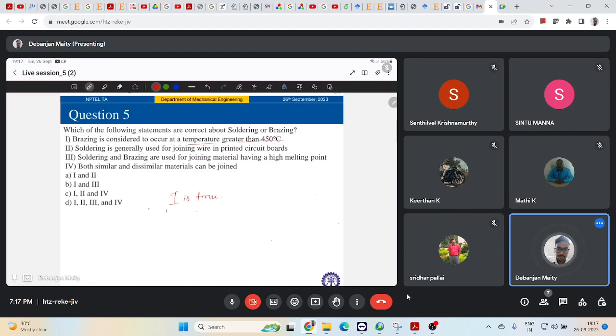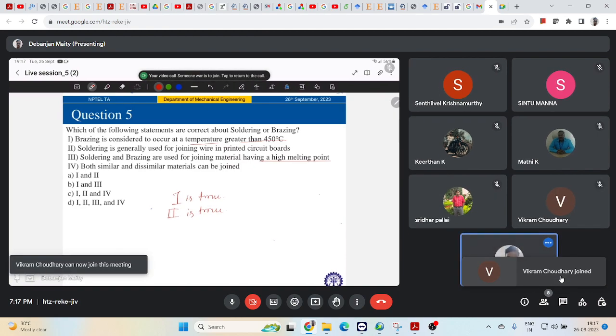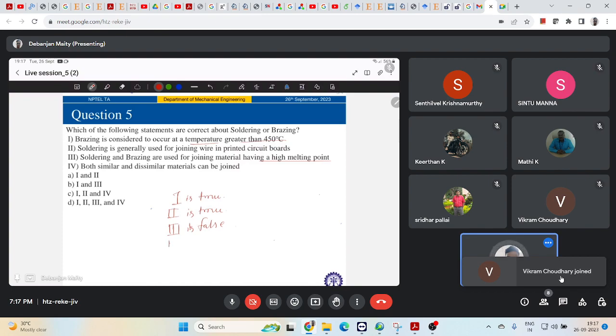That's also fine. Two is true. Three is false. That's fine. Four is true. C is correct. Agreed?